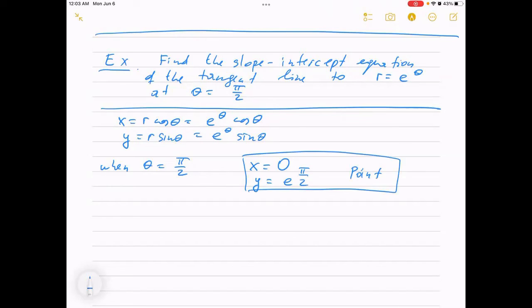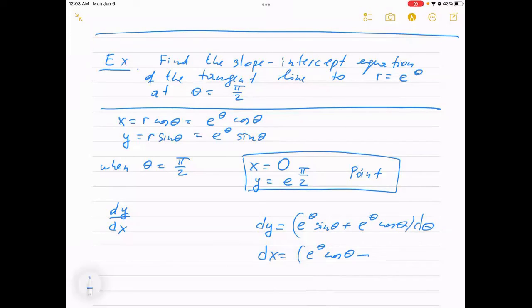Now to find an equation of a tangent, we also need a slope. Recall that to find the slope, we need to find the derivative, so we need to find dy/dx. Let's find dy, using the product rule: e to the theta sine theta plus e to the theta cosine theta, d theta. We can also find dx using the product rule again: e to the theta cosine theta minus e to the theta sine theta, d theta.